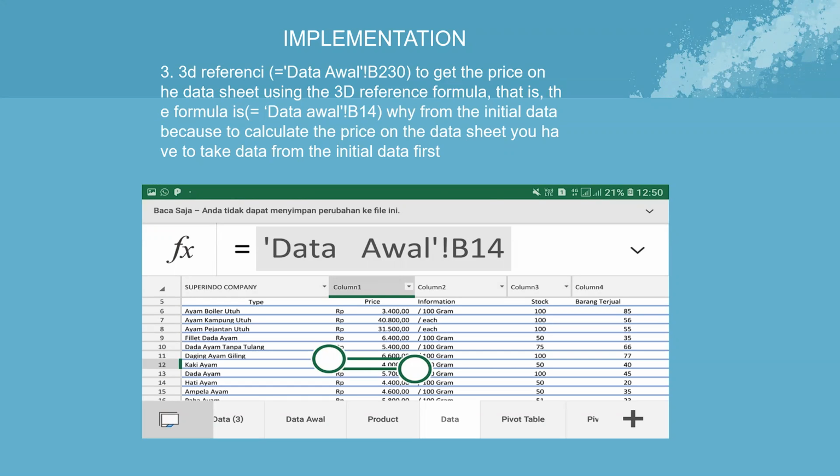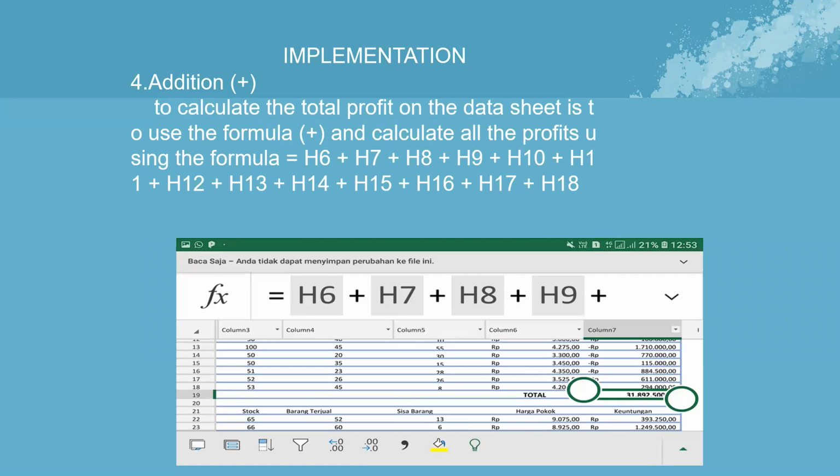Why from the initial data? Because to calculate the price on the data sheet, you have to take data from the initial data first. And next slide.